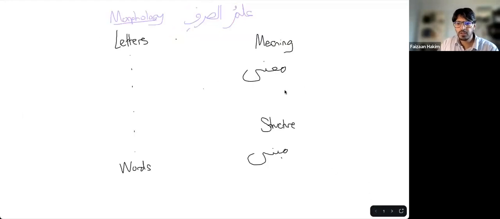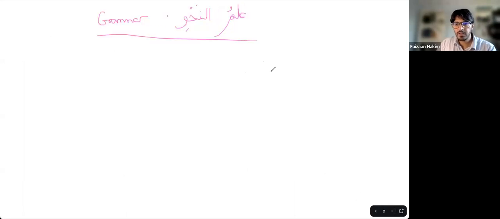We're saying meanings are coming into structures. In this case, it's about how do words work. That's our sarf, morphology: how letters become words. The next step is how to put words into sentences.